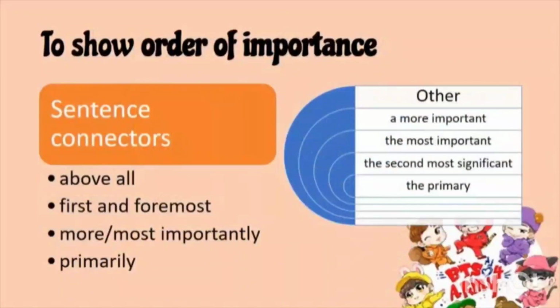To show order of importance, here are the following connectors. Above all, first and foremost, more importantly, most importantly, primarily. A more important, the most important, the second most significant, the primary.